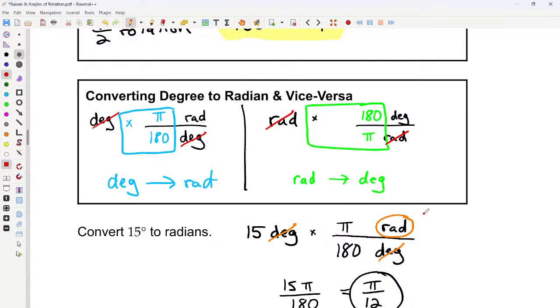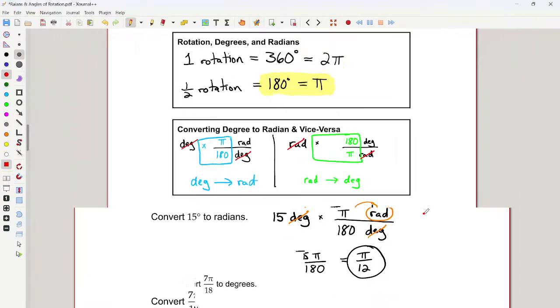Boom, boom. There we go. Start with radian. At the end of the day, you're going to end up multiplying by 180 over pi. Cool.